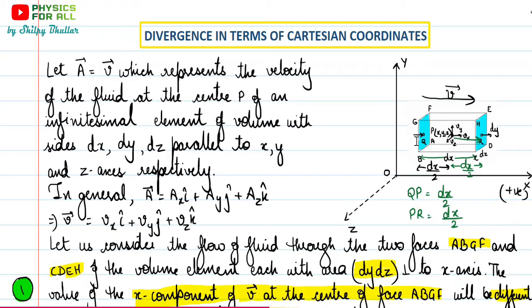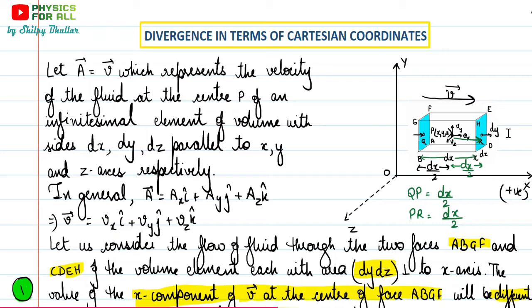Only the change in x component was occurring when the fluid was flowing through these faces. But we want to know the volume of fluid entering and coming out of these two faces. For that, for volume, we need three dimensions.